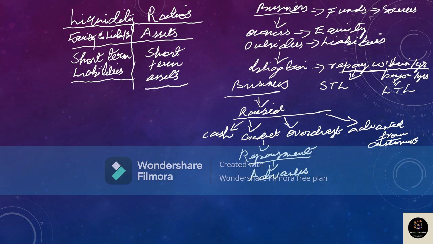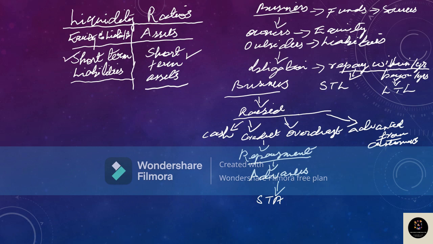So using those money, you create some assets, which is basically called, I'm going to write here in short form, short-term assets.